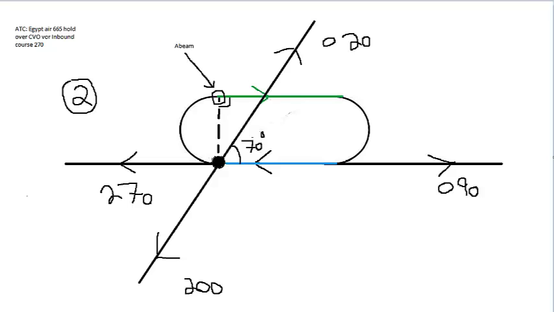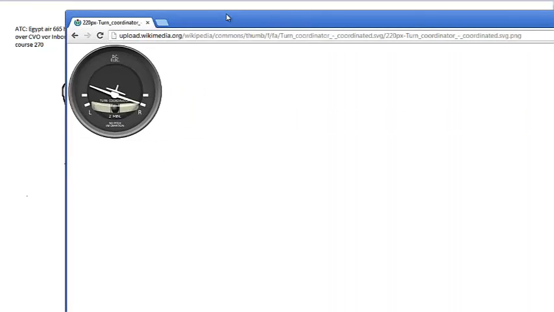Here is a picture of a turn coordinator. If your aircraft has a turn coordinator, which most aircraft do now, this is a standard one. You can see that here it says 2 minutes.